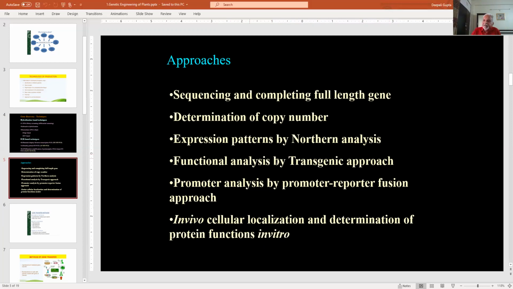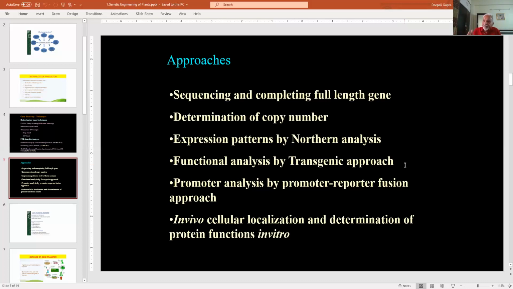And that functional analysis is done by transgenic approach. That is, you try to either overexpress this gene or you silence that gene in transgenic plants. So if the gene is involved in a function, and if you are silencing it, then you will lose that trait in the transgenic plants.